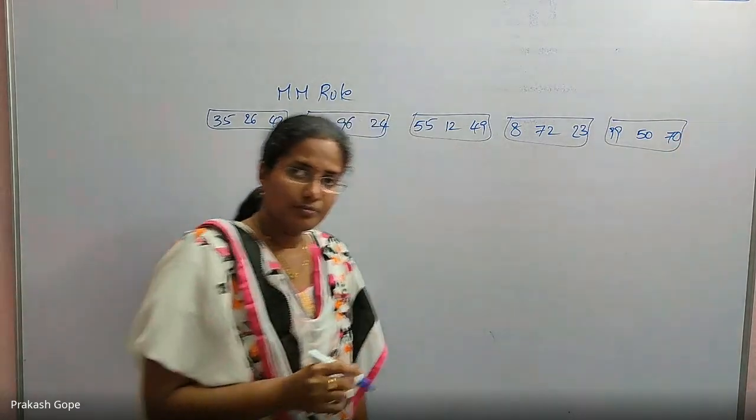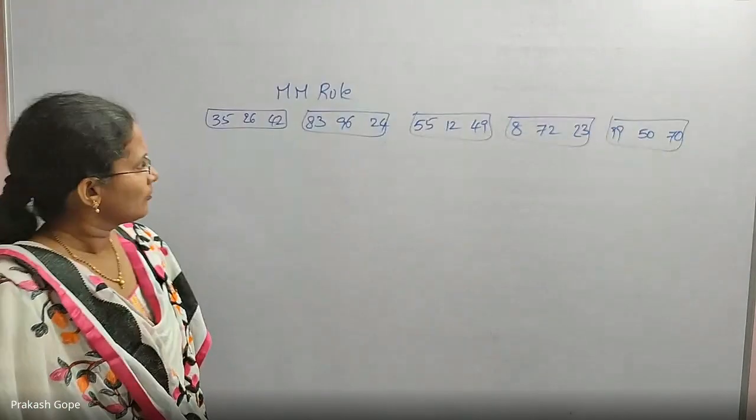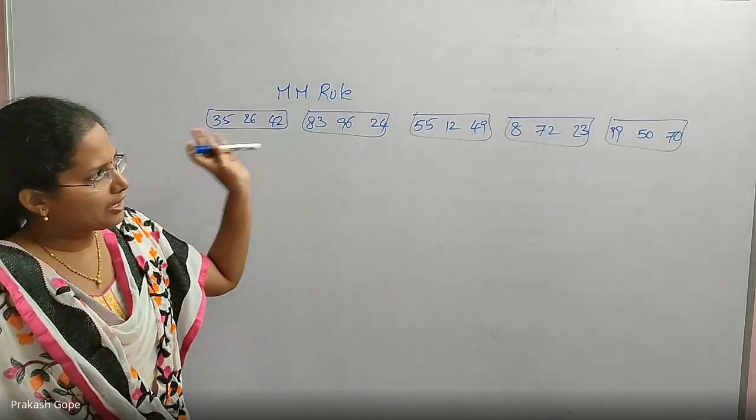For example. Okay, so all the 15 elements are like this.